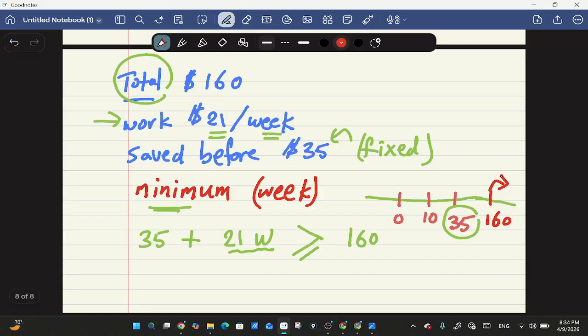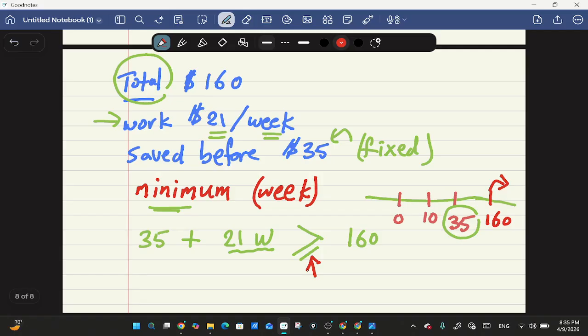Now, the 160 is what he needs as money, but at the same time he can work more. So through the equality here, you can reach the minimum number of weeks he needs.